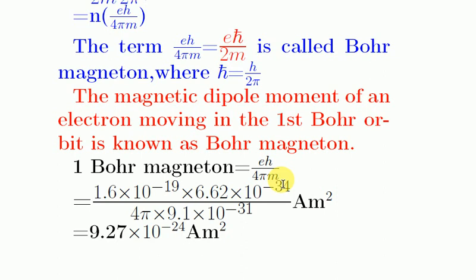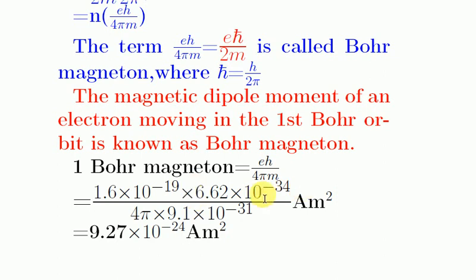If we use the values of these terms, we can easily get the value of Bohr Magneton. The charge of an electron is 1.6 times 10 to the power minus 19 coulomb. The value of Planck's constant is 6.62 times 10 to the power minus 34 joule second.